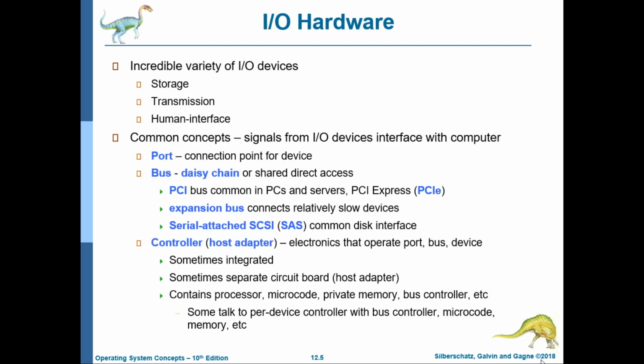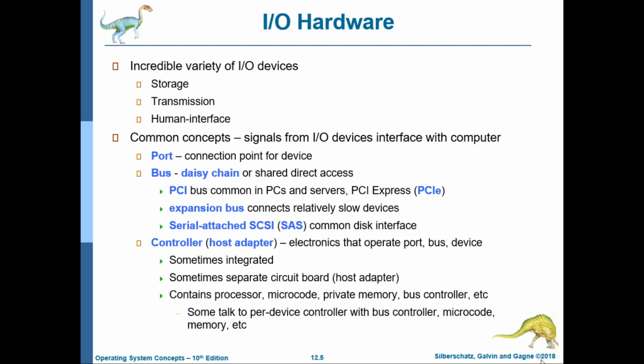Okay, next we have the I/O hardware. There is an incredible variety of I/O devices. They can be roughly categorized as storage, as you can see with our USB flash drives. They can also be used for transmission. For example, you have a Bluetooth dongle if your personal computer does not include a Bluetooth radio device.